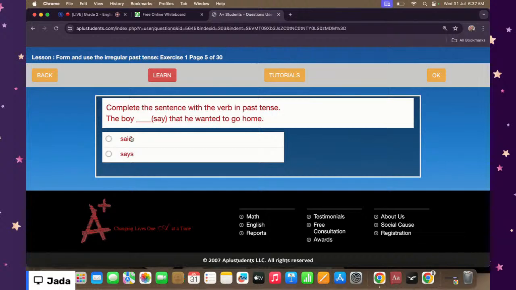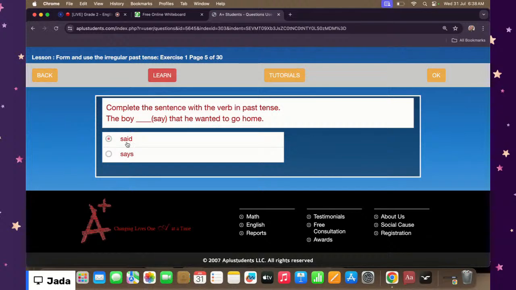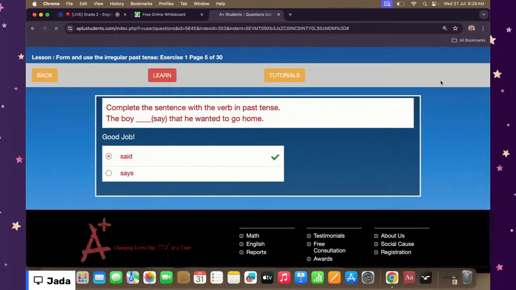The boy dash said that he wanted to go home. Say, past tense of say. Is it said or says? So it is said. Said that he wanted to go home. Okay?